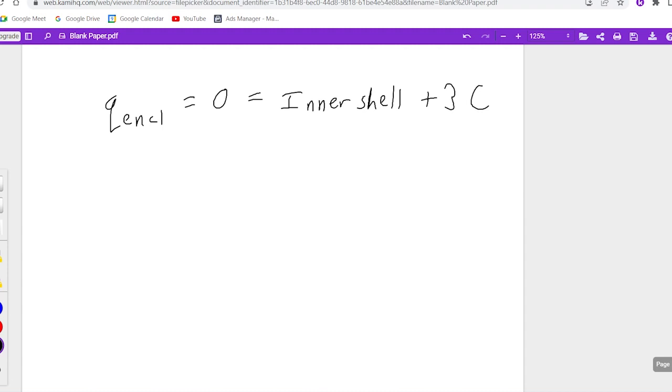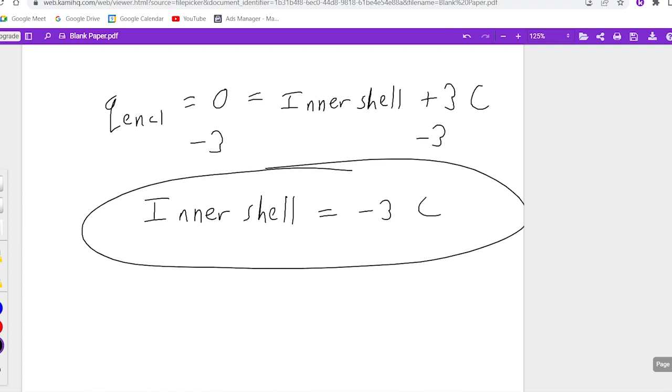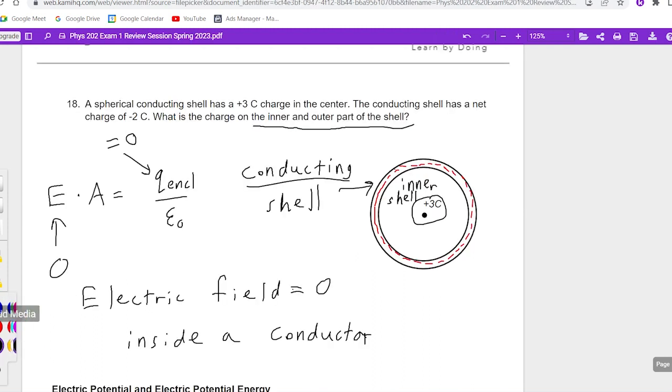And so in order to solve for the inner shell, you just subtract 3 from both sides. So that means the inner shell just equals -3 coulombs. And so what that really means is, if I imagine this inner shell as having a bunch of negative charges spread out among the inner part of the shell, that total is going to have a charge of -3 coulombs across the inner part of the shell.